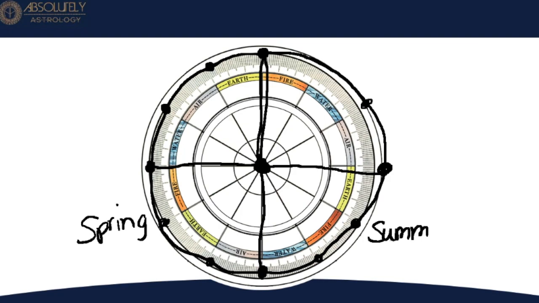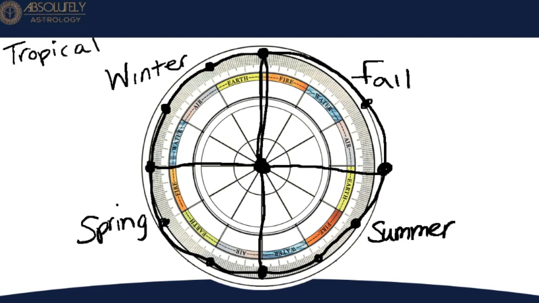And this is how the tropical zodiac works. So there are different types of zodiacs, just so you're aware. But what we're talking about, and the one that's used mostly in the Western world, is the tropical zodiac. And it focuses on the 4 major turning points in the 4 seasons, right?